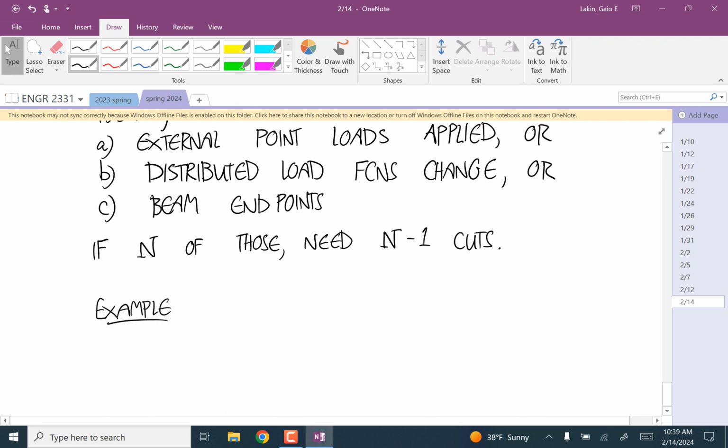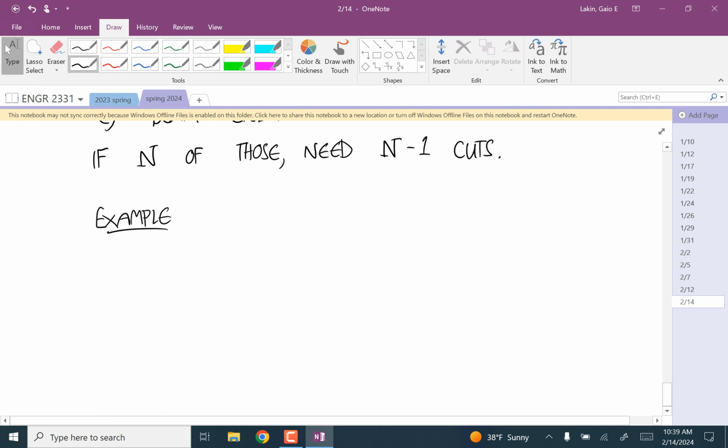Okay, let's do sort of a quick one so I can fit it in before class ends. So let's say this distance is 1 meter, and this distance is 1 meter.